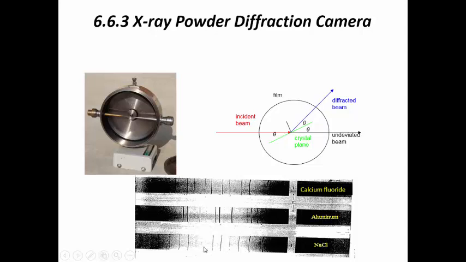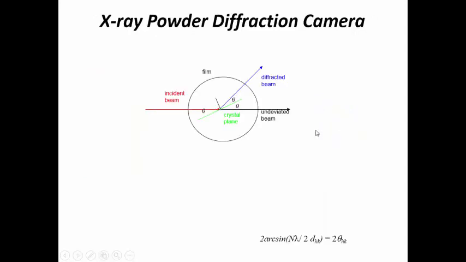You can see there are different lines here, and you have the incoming beam, and the crystal is at some sort of angle here. The angle theta of the incoming beam is going to be the same as the diffracted beam, but the relationship between the diffracted beam and the undeviated beam is going to be 2 theta, and 2 theta is called the diffraction angle.